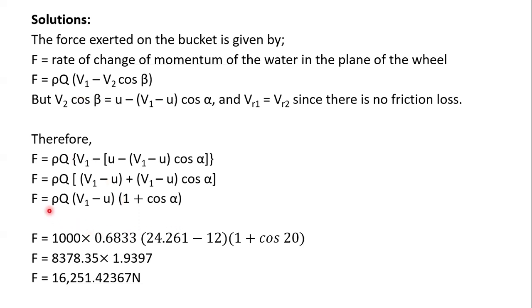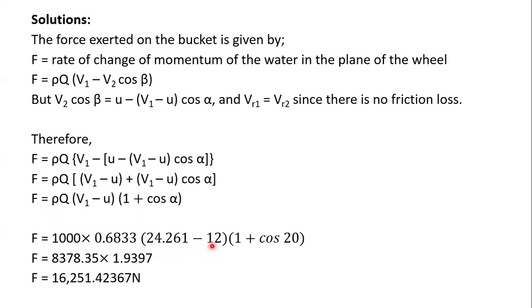So you have density times the discharge. So the density 1000, the discharge in cubic meters per second is 0.6833. V1 rather, we're told is 24.261 minus the velocity, we're told it's 12.